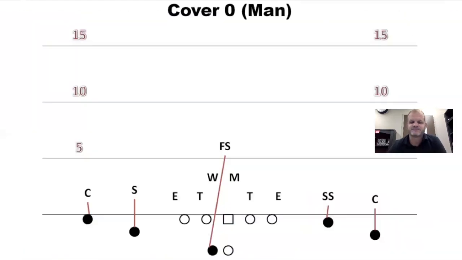And the last one, the way it's drawn up here is not the way I usually see it, but cover 0 means there's no safeties deep, there's no help. They're for sure going to bring a blitz, and cover 1, they'll bring a blitz as well. Don't forget that. If you have man coverage, expect a blitz somewhere. But in this case, the free safety has the running back. The way I've usually seen it is they walk this guy up and blitz him off the edge.